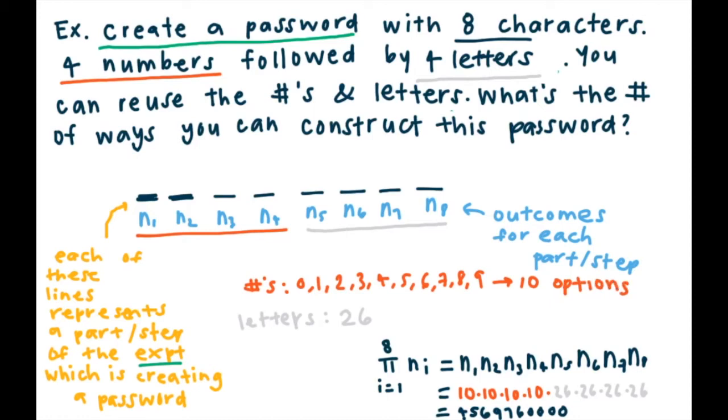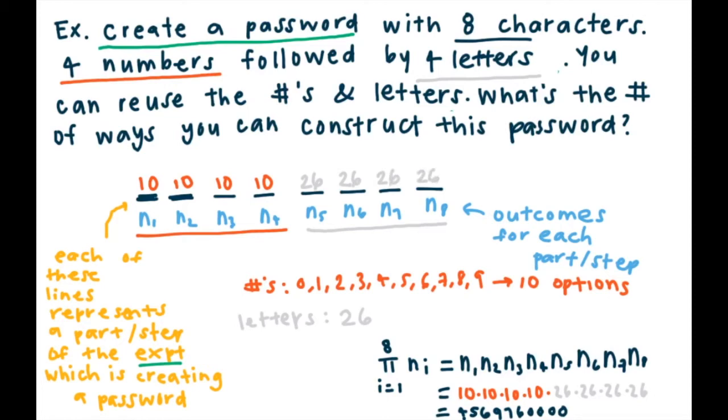And since I'm allowed to reuse the numbers, I know that I have 10 options for n1, 10 for n2, 10 for n3, 10 for n4. The next thing we're going to look at is the letters. So for our alphabet, we have 26 letters, and I know that I can reuse the letters. So that tells me that for n5, I have 26 options, n6, 26, n7, 26, and n8 is also 26.